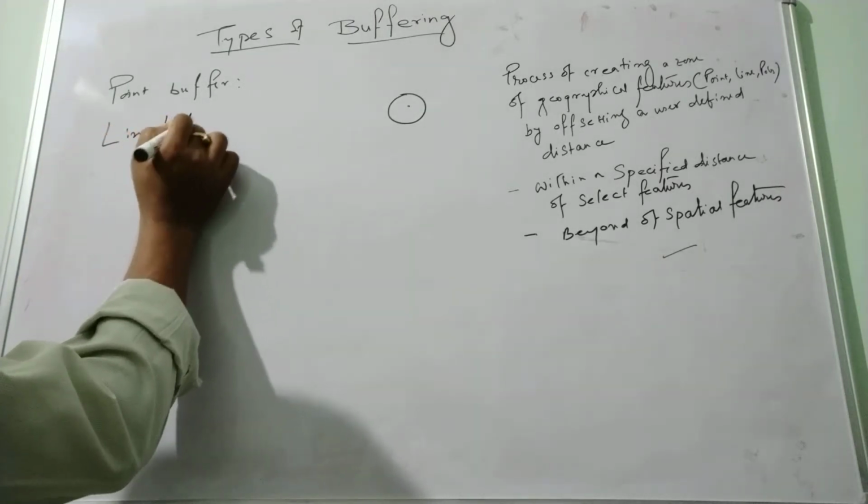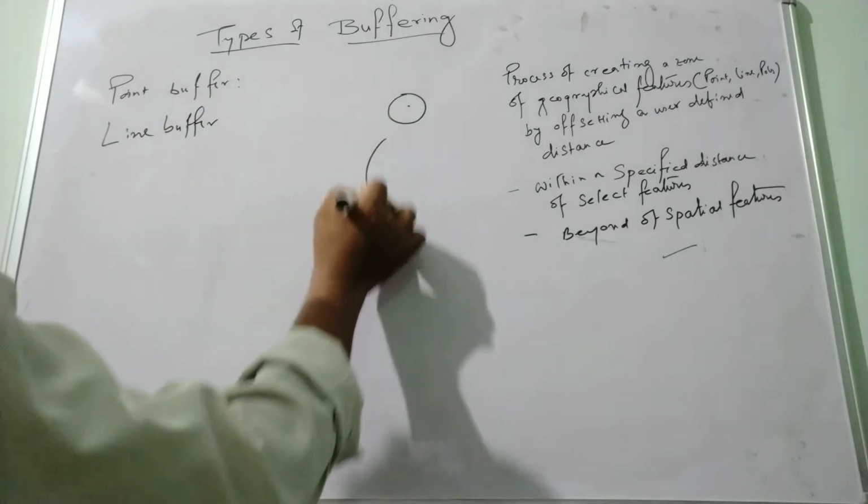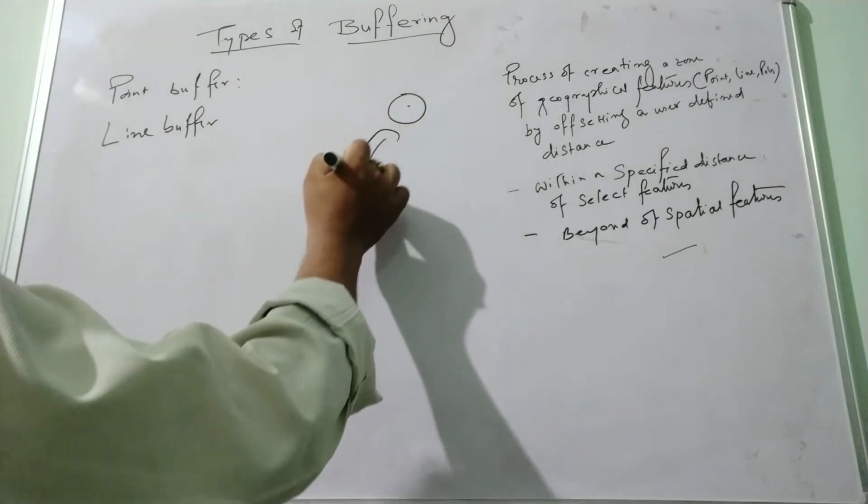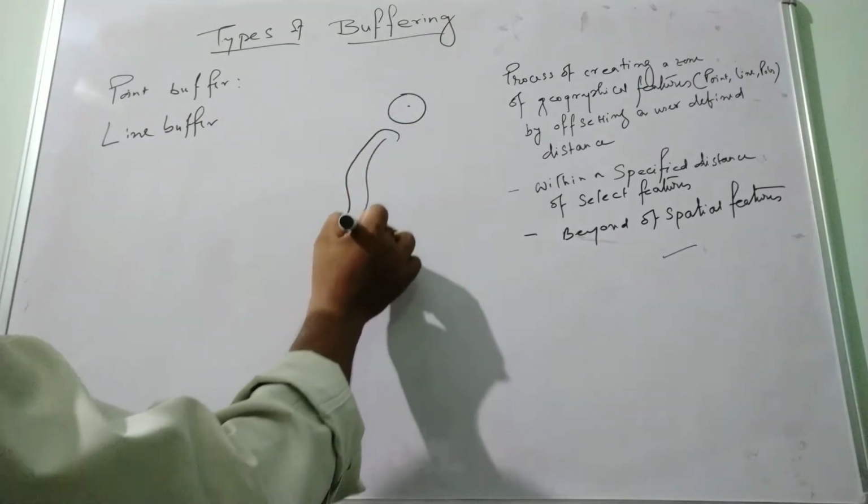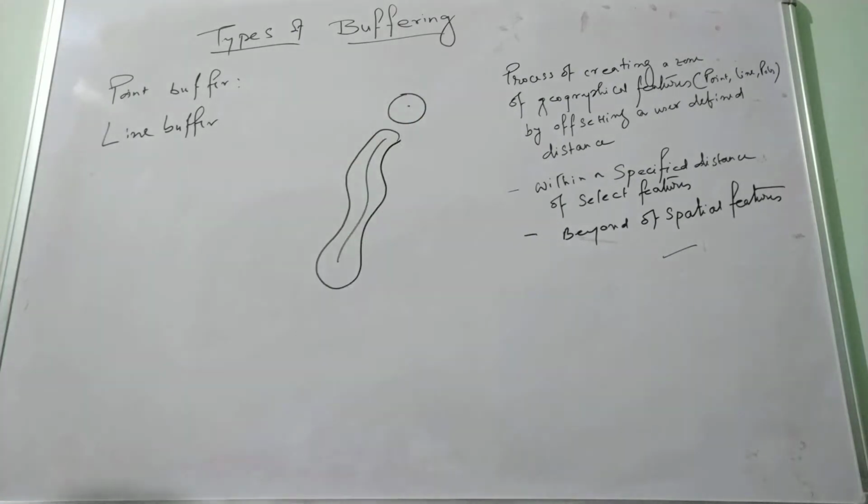Line buffer: if we are creating a buffer for linear features like road or transport network or river on a distance measured by the selected features by the user.